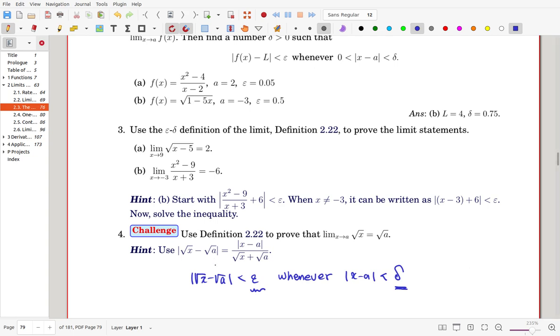So here a hint is given, and for that term you can write it in this way, so that if it is bounded by epsilon, then from here you can get the absolute value of x minus a is bounded by epsilon times the quantity square root of x plus square root of a. Now, x is near around a, so x is not really stationary, so you have to deal with this one nicely.